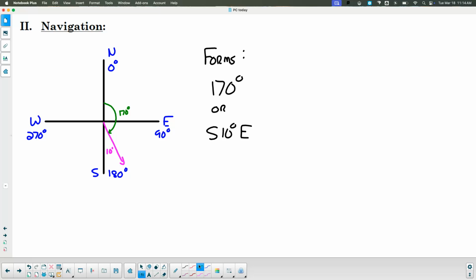In both of those cases, you are going to need to convert either one of those into a trig angle for calculations.